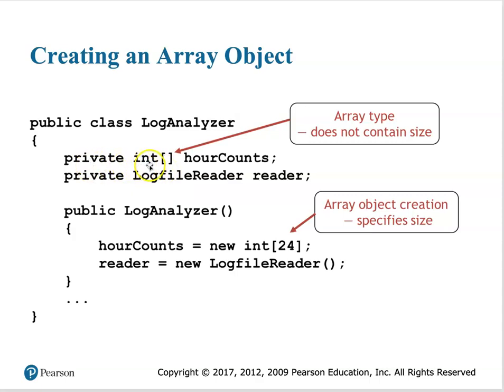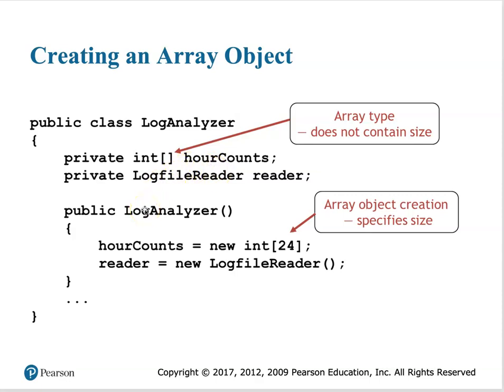So private int would mean one integer, int open square bracket, close square bracket, means that this is now going to be an array of integer. We haven't yet said how much space it's going to take up, but we know that our counts is now holding a group of integers, not just one.